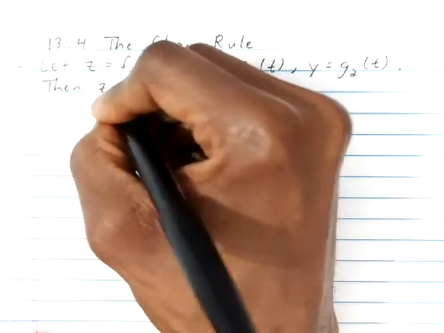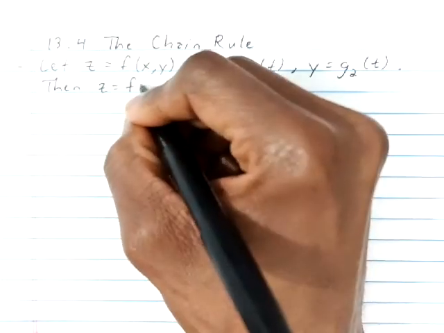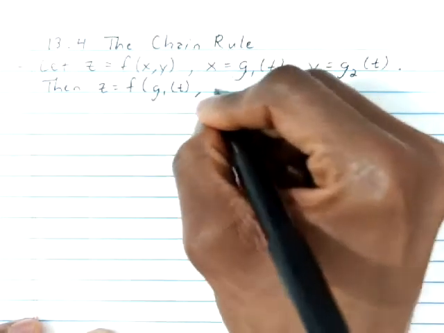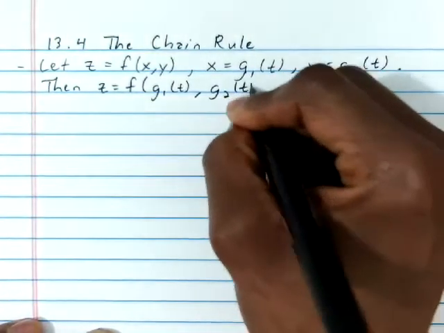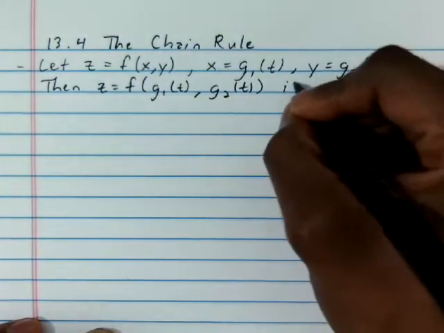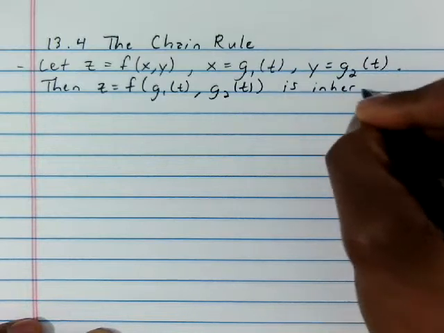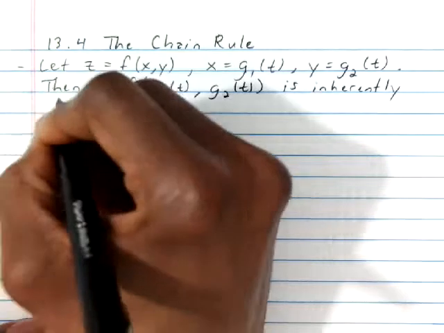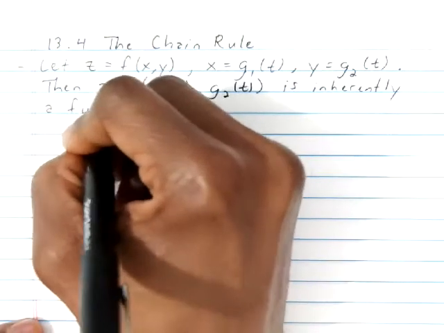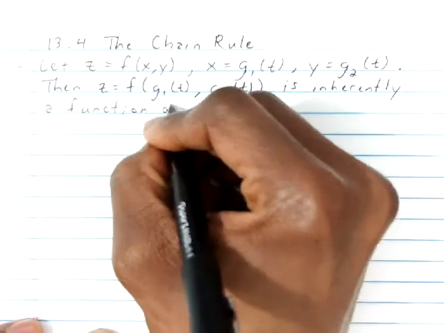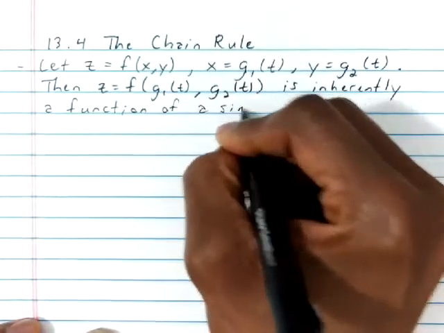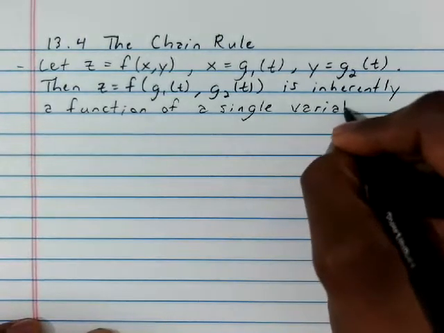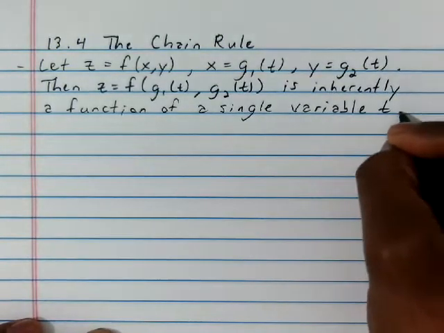Then z equals f of g sub 1 of t, comma, g sub 2 of t, is inherently a function of a single variable t.